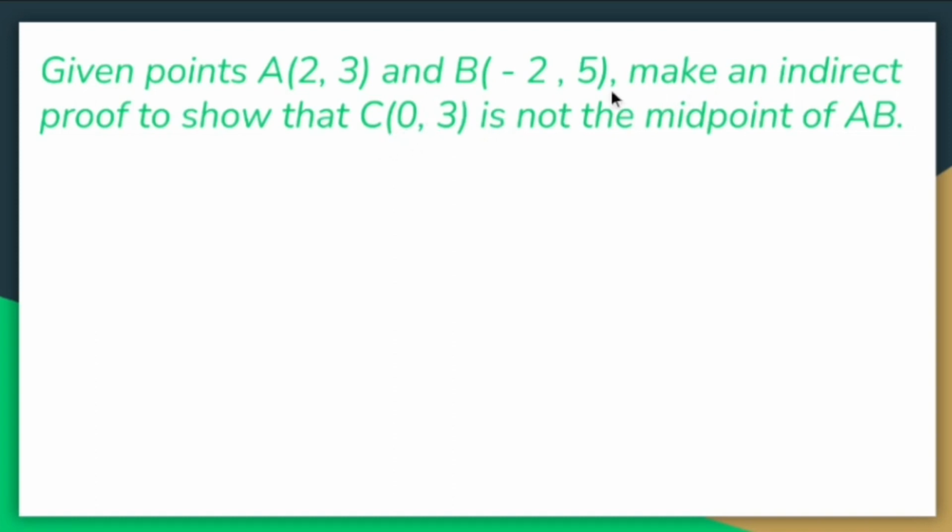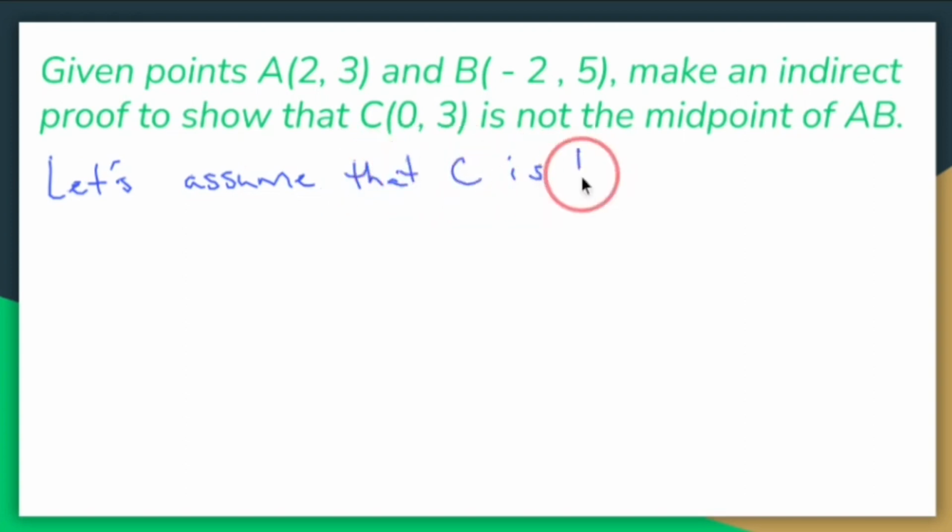So it says, make an indirect proof to show that C, (0, 3) is not the midpoint. Let's assume that C is the midpoint of AB.